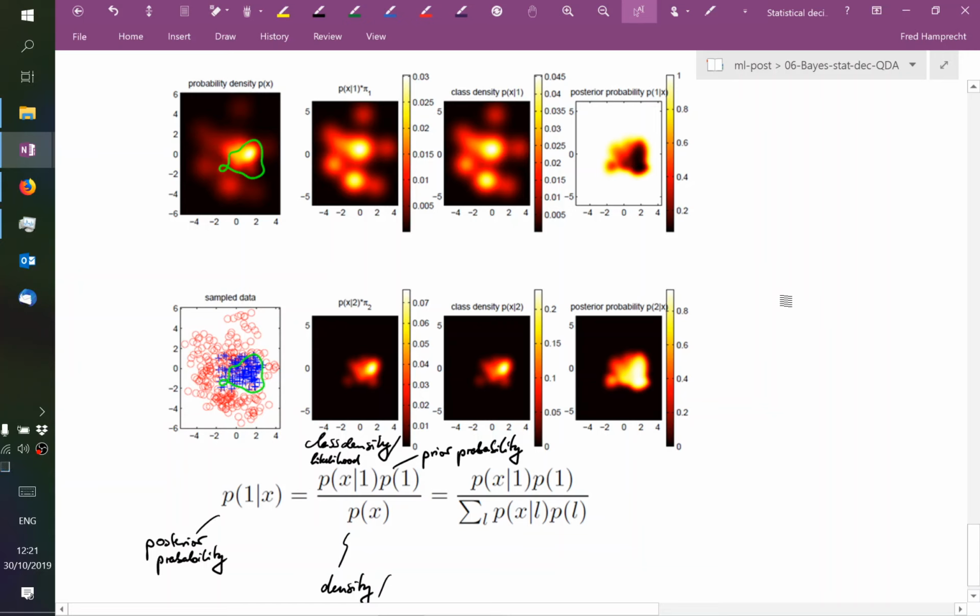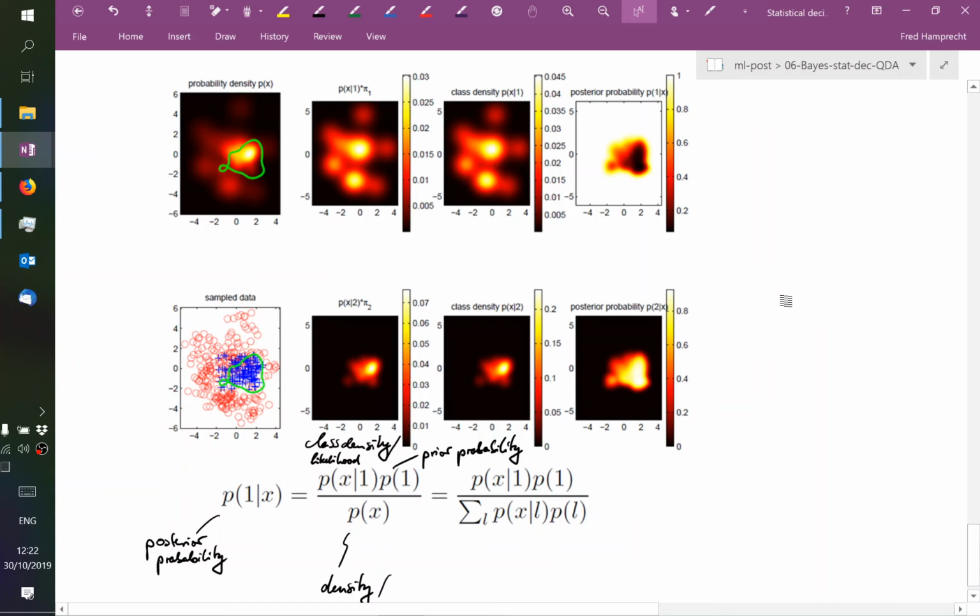And shown here is the true class density of what's the probability of getting a particular combination of observations, x1 and x2, given that in reality the sample comes from class 1, or given that in reality it comes from class 2. So these are the class densities for the first class and for the second class.